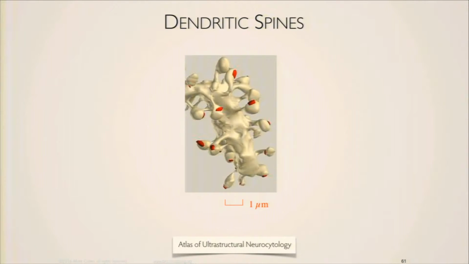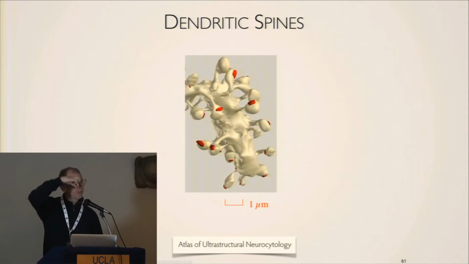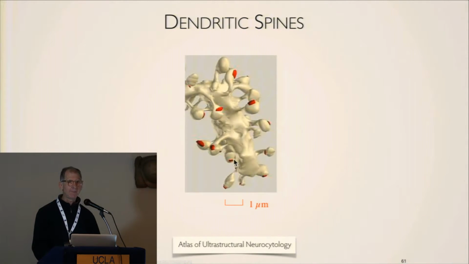Finally, as regards this stuff, if you look really, really closely at the dendrites, they're not just smooth surfaces, but they have these spines coming out of them. And the spines and these little red zones in here are where the actual synapses take place in these neurons. And you can see that the spines have a little bulb on them and a thin neck.